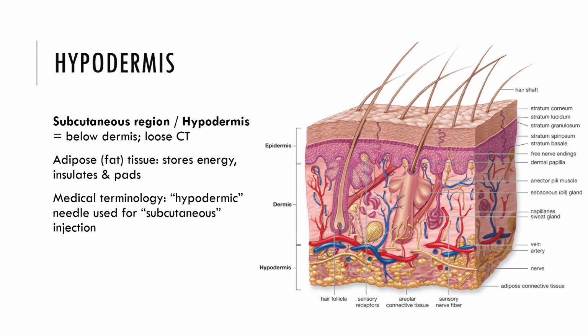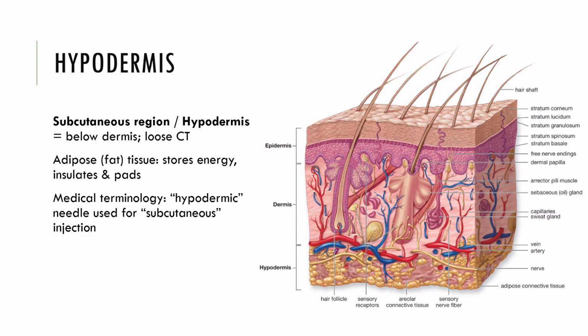The next layer we're going to talk about is the subcutaneous layer, or the hypodermis. Hypodermis means under the skin. Let's talk about the structure. The subcutaneous layer is composed of adipose tissue and loose connective tissue.